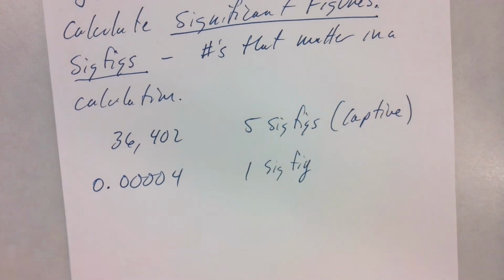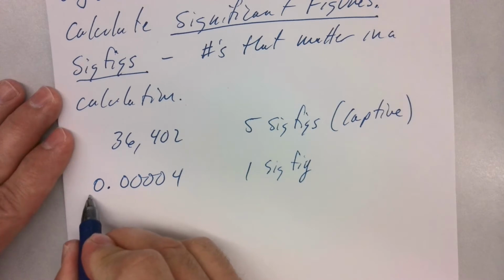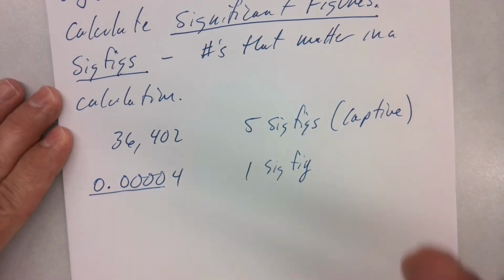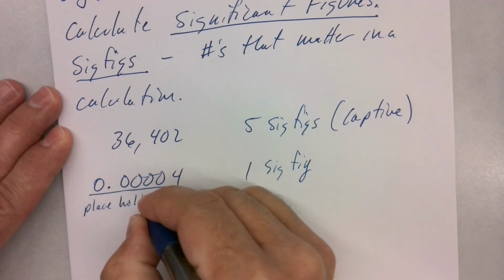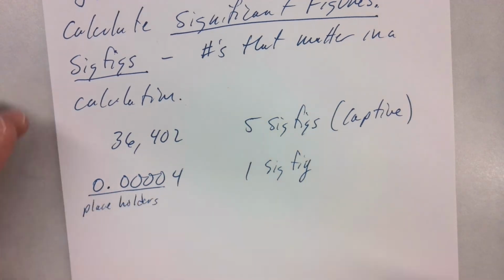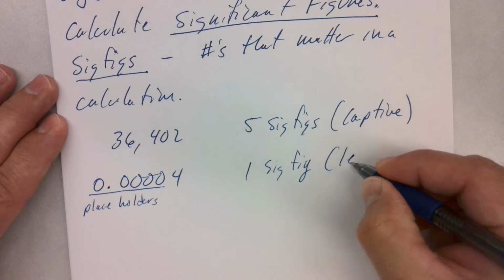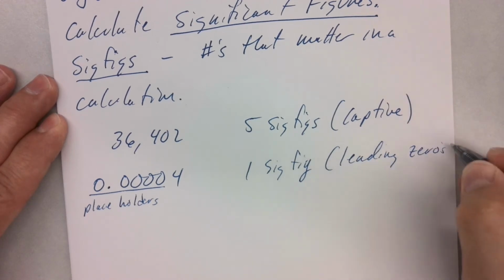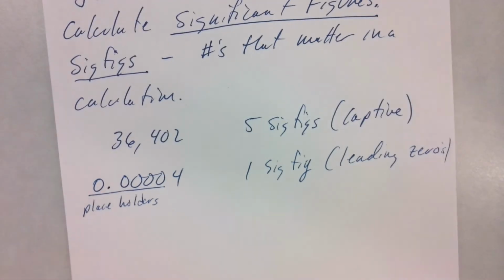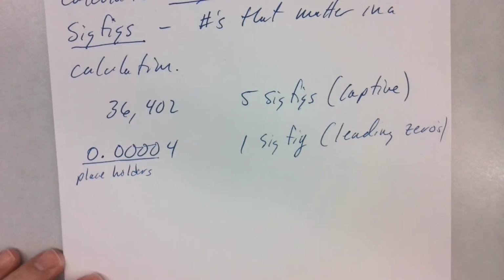Okay? Now, none of these zeros matter. None of them matter because they're what is referred to as basically placeholders. Okay? And these are what are referred to as leading zeros. Okay, leading zeros, and they don't matter. Okay?